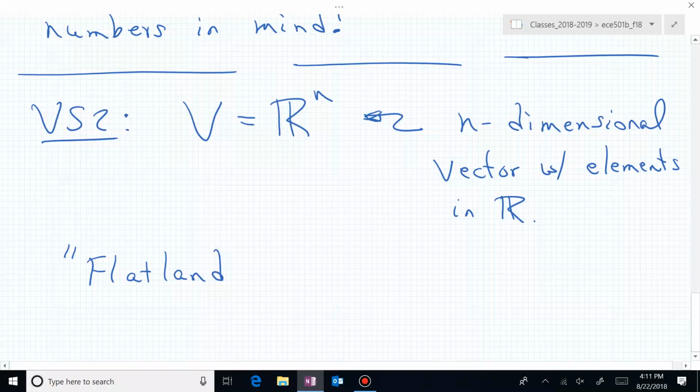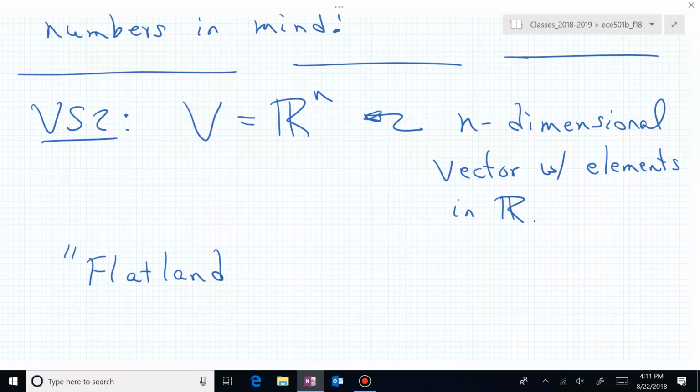But it sort of goes back to the Victorian English era. And you would read it as sort of a math thing, but it has sort of hidden meaning, maybe, if you really read into it. So it's called Flatland, A Romance of Many Dimensions.